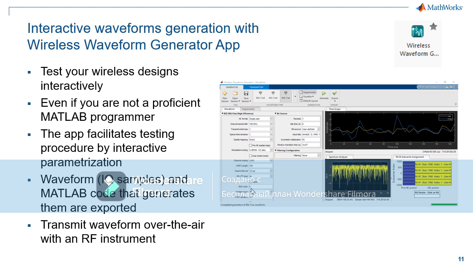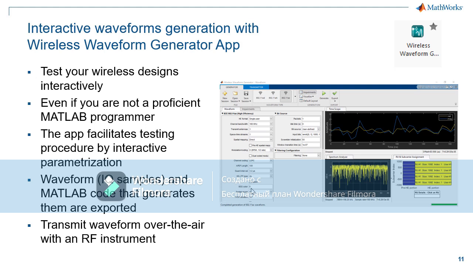Even if you're not a proficient MATLAB programmer, you can interactively parameterize and generate 5G waveforms. And for the waveforms, the IQ samples at baseband, you can actually see the MATLAB code that generates them, and you can transmit them over the air right from the MATLAB environment if you're using an RF instrument that connects to MATLAB.